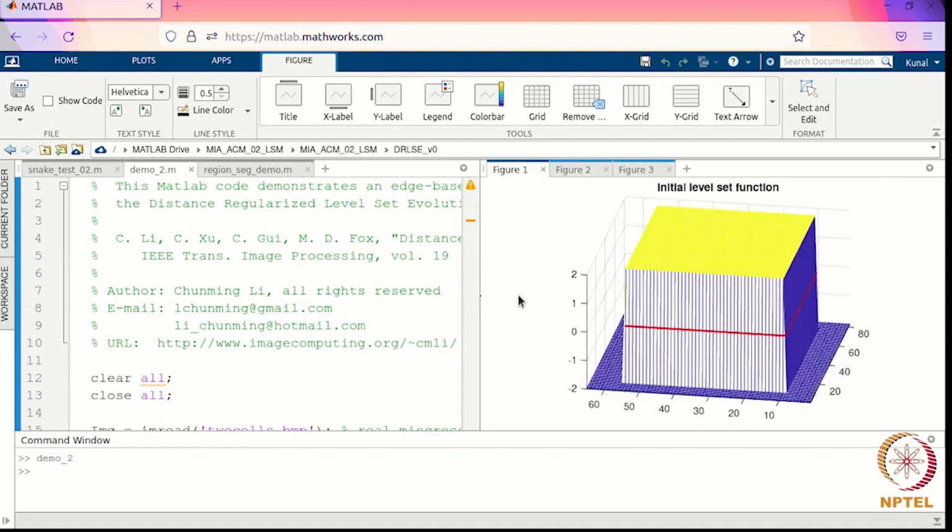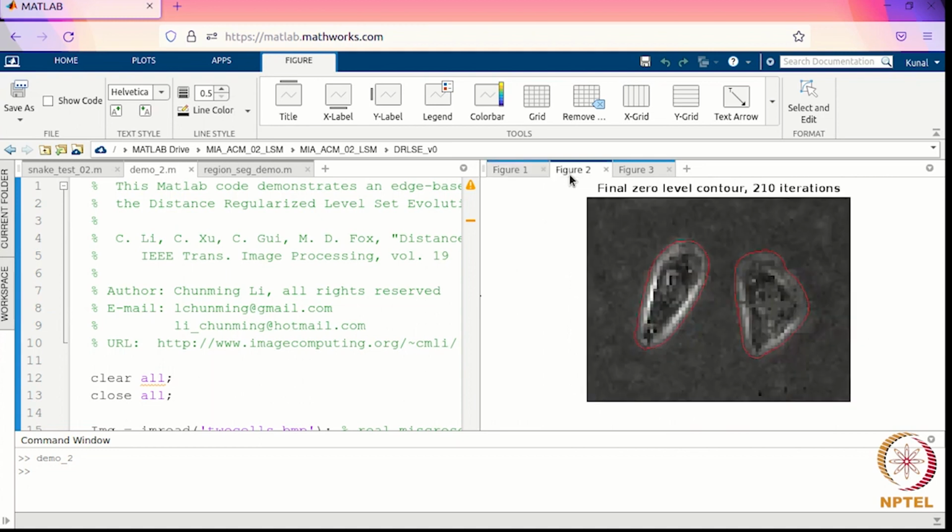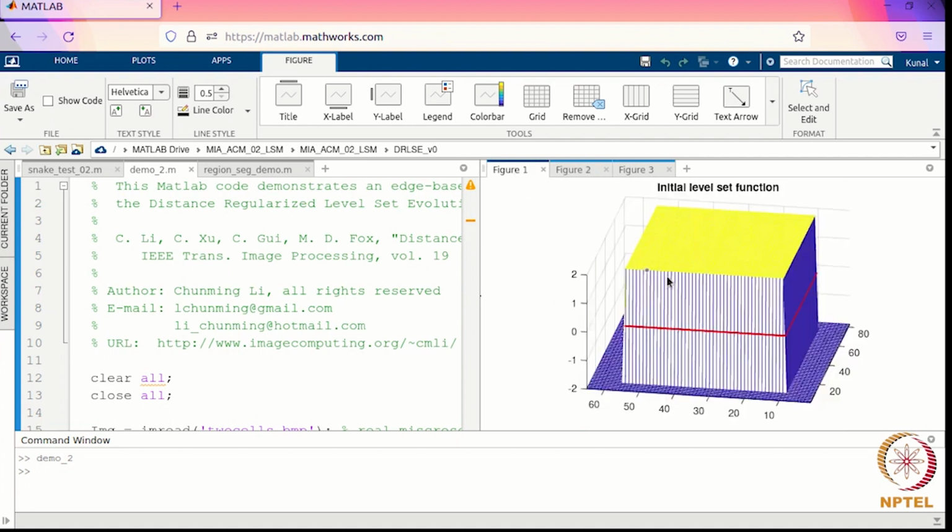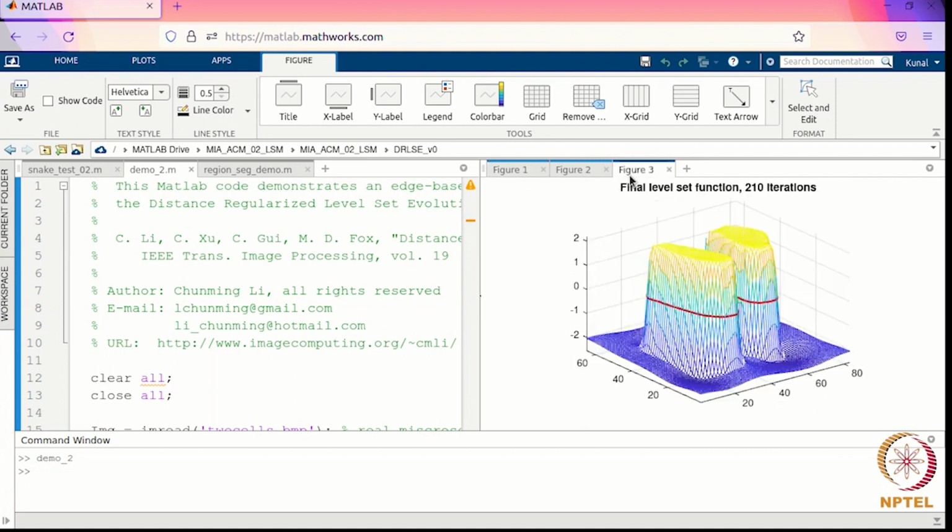So you see, the initial level set function was this, right? -2 +2, the binary step function, and after some iterations, because we are solving that unsteady equation, the shape of this initial level set function changes, and finally it becomes like this.